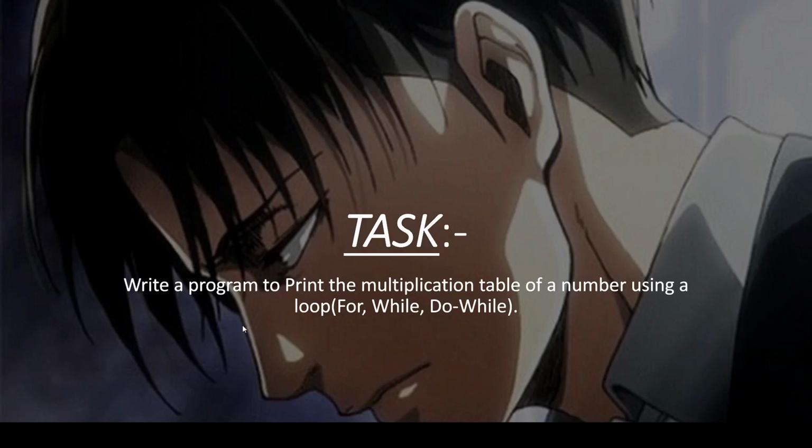Now our next part is to do a task. The task is you have to write a program that prints the multiplication table of a number using a loop. You have to write the program using all the three loops, which are for, while and do while. For example, the user gives an input, let's say 5. So you have to print the multiplication table of 5.